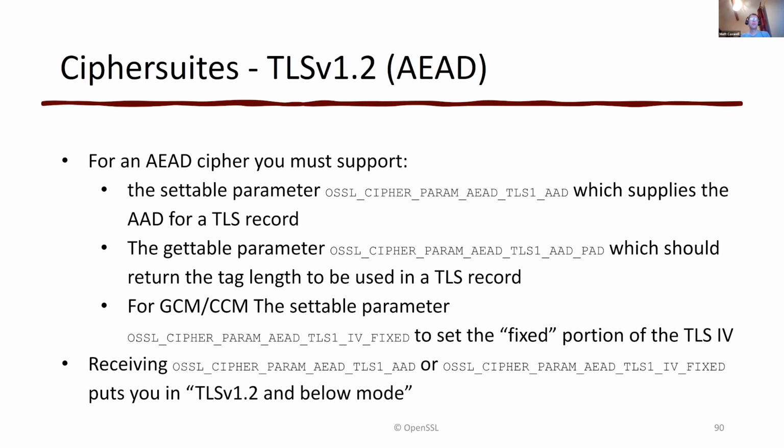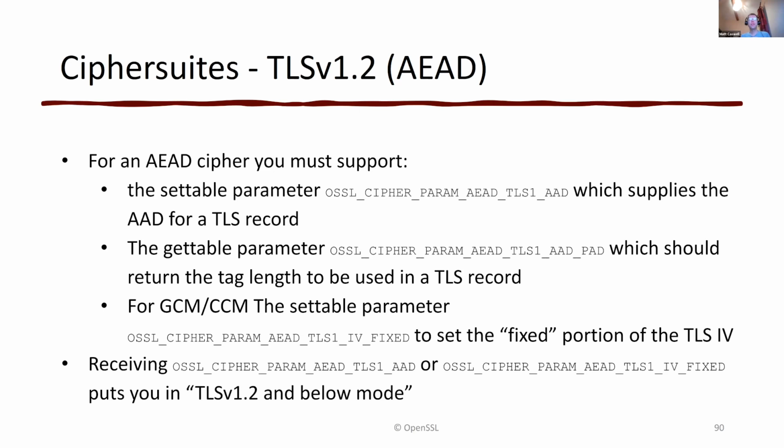If you're implementing either the GCM or CCM ciphers, then there's another settable parameter, OSSL_CIPHER_PARAM_AEAD_TLS1_IV_FIXED, which is the fixed portion of the TLS IV. There's 2 parts to the IV. There's a fixed portion and a per record IV. You combine them together to create the IV. You need to be familiar with the TLS 1.2 spec for this.